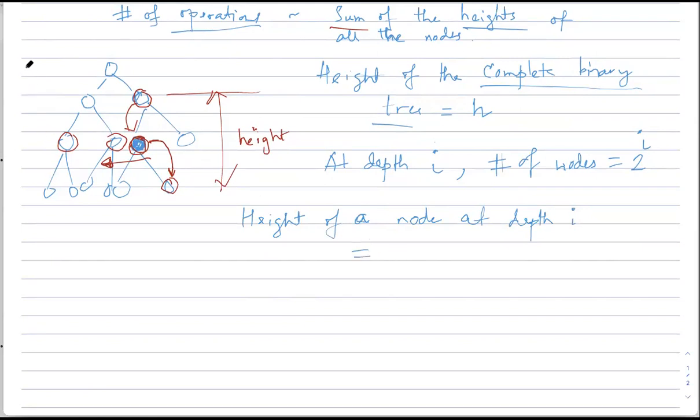So remember, the height is in terms of the edges, right? So this is the height of the overall binary tree representing the heap, right? Now we are asking, what is the height of a node at depth i? H minus i. H minus i, exactly.